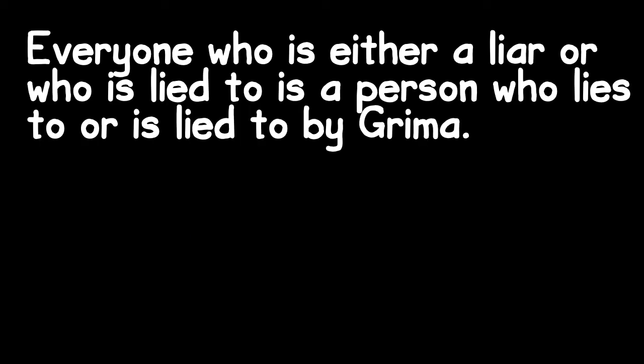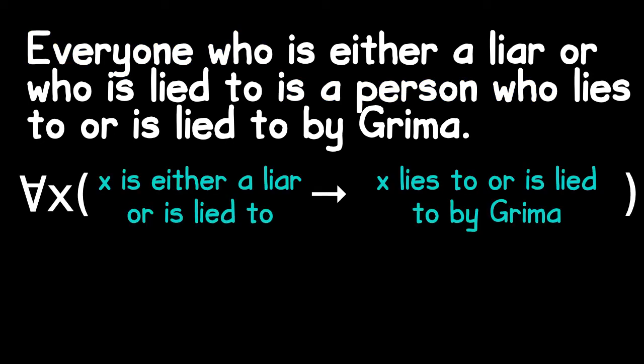Now consider this awkward sentence. Everyone who is either a liar or who is lied to is a person who lies to or is lied to by Grima. Notice that this is another all of these are those sentence. It's everyone who has one feature is a person who has another feature. So we translate it using a universal quantifier. For all x, x is either a liar or is lied to. Then x lies to or is lied to by Grima.